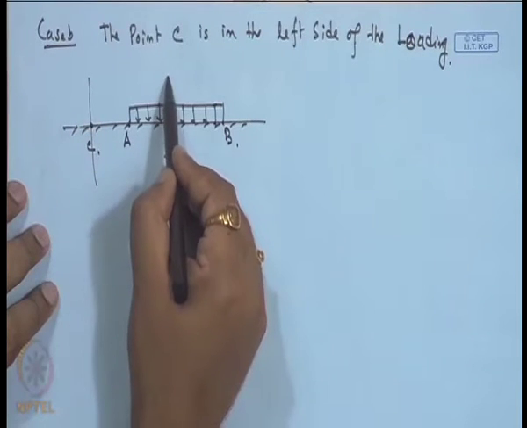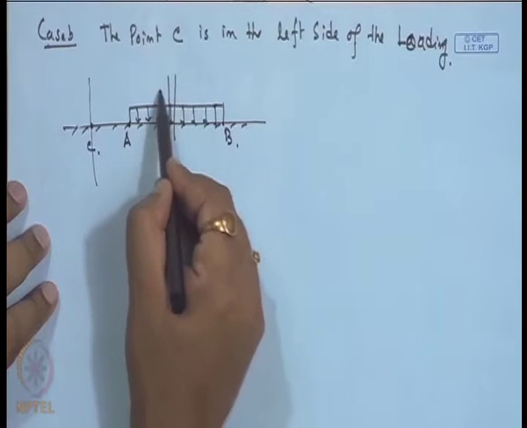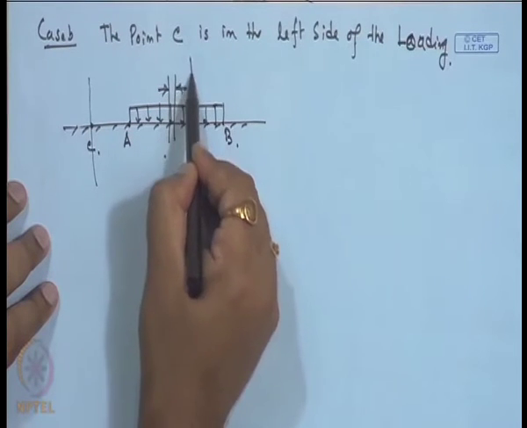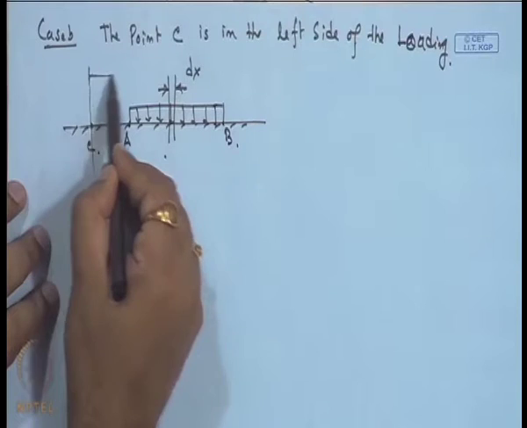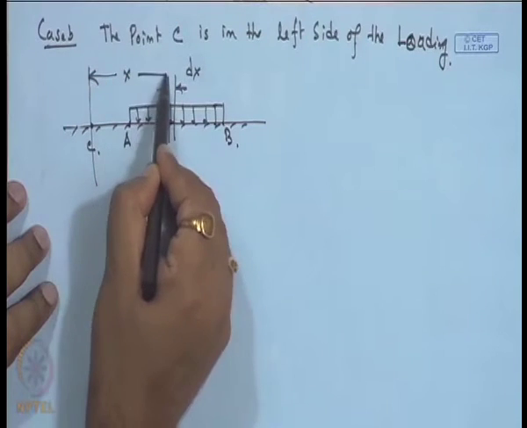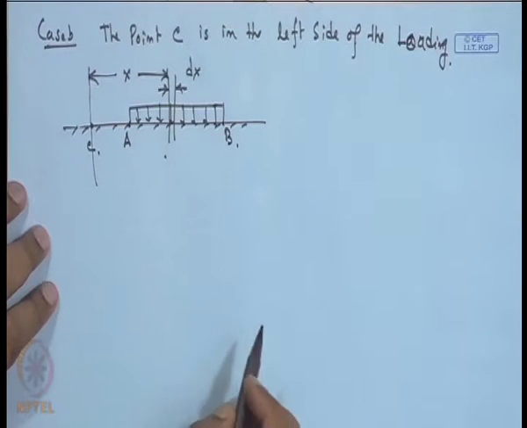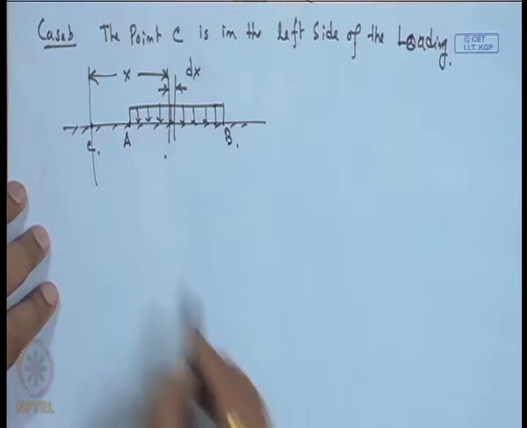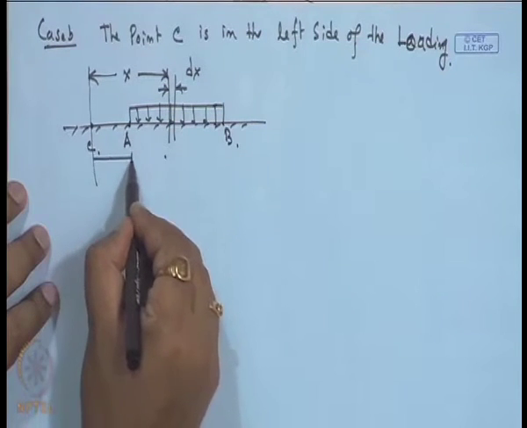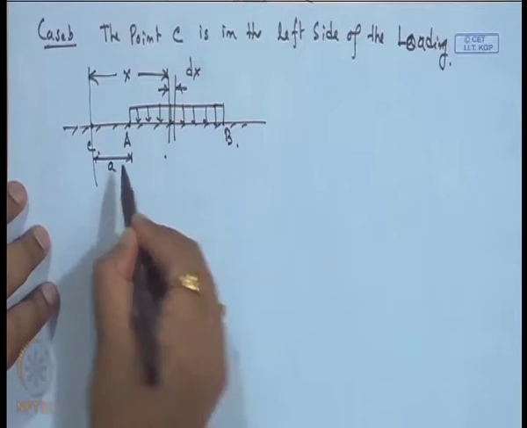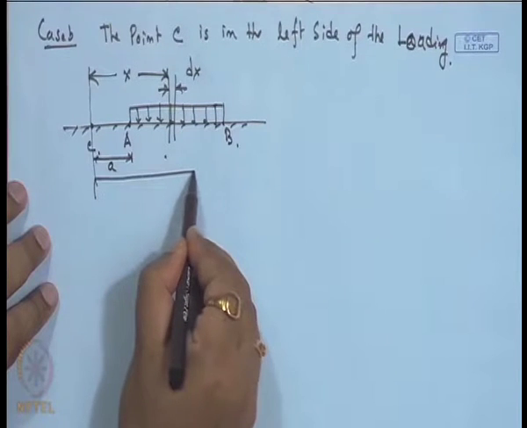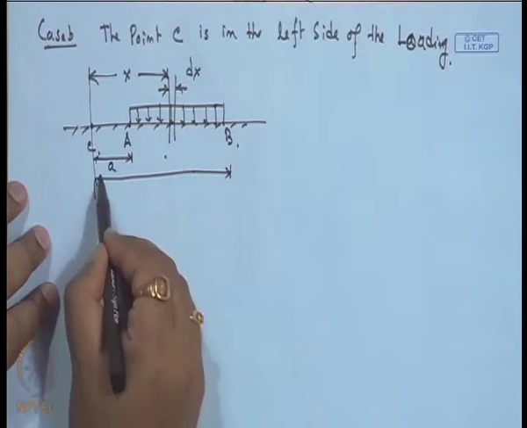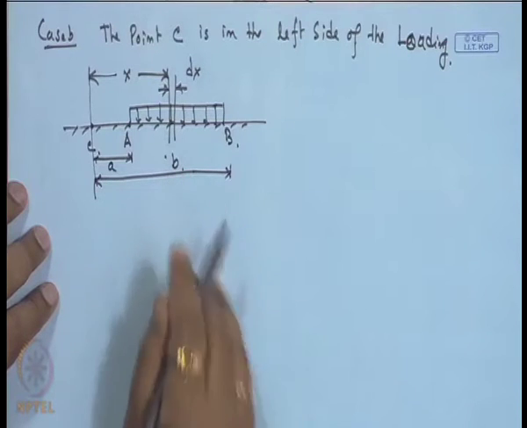Again we consider a small segment dx at a distance of x from point C, and the distance from C to A is a, and the distance from C to B is b.